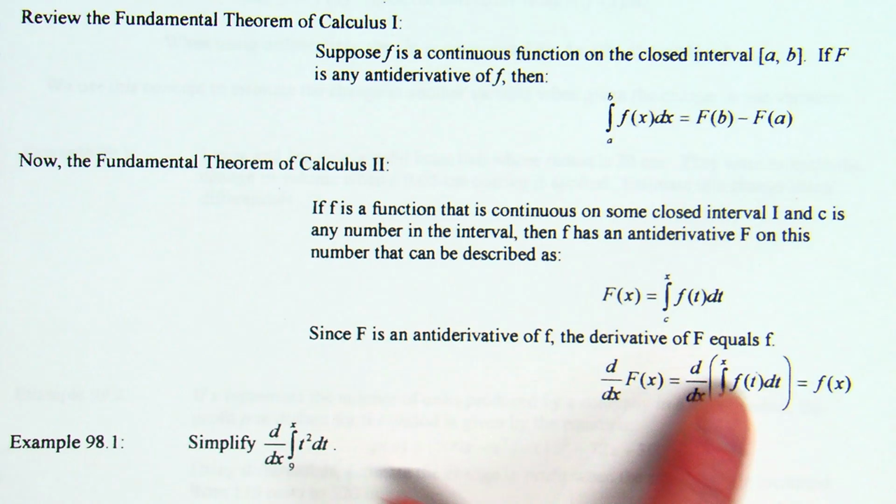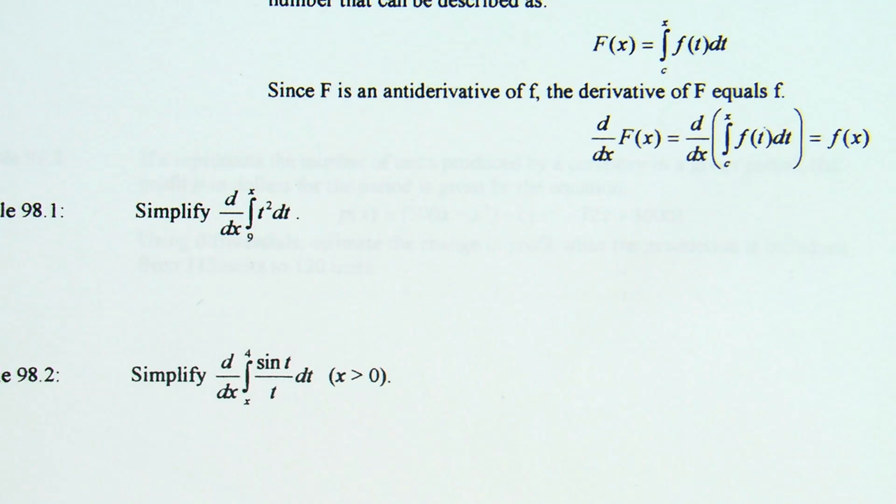Okay, well, forget the d dx for a moment. Let's focus on this part right here. What is the integral of t squared? One-third t cubed, evaluated between x and 9. So if we evaluate it from x to 9, what's this going to be then?